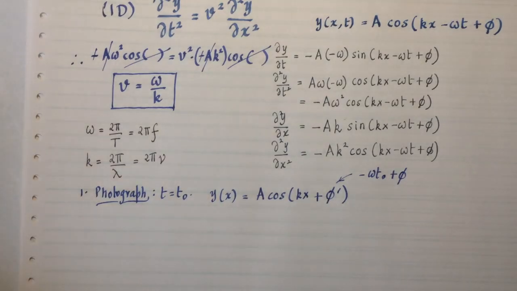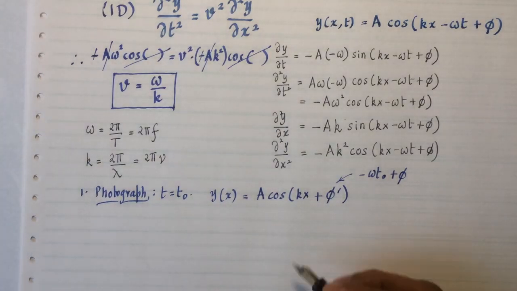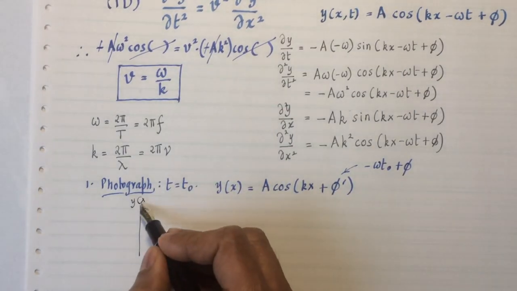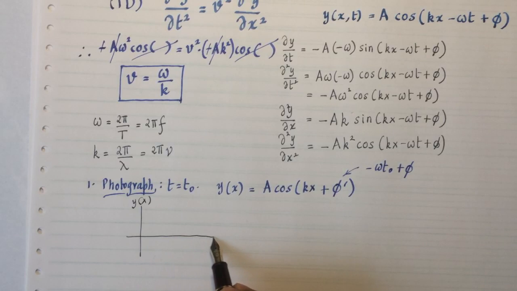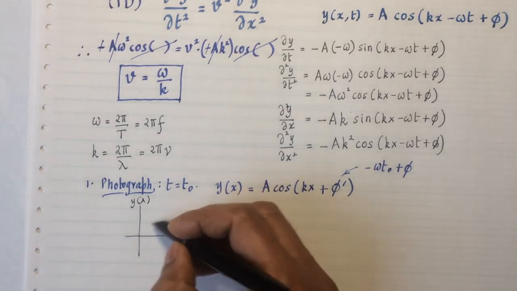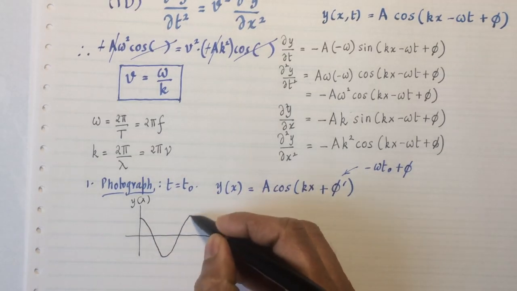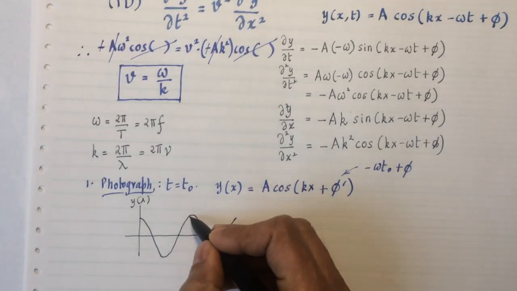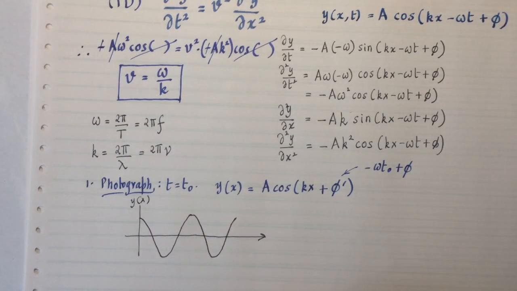So this can be easily conceptualized in a drawing. If I draw y as a function of x, then I'm going to get something like this. In this photograph, say you fly in a helicopter and take a photograph of the ocean.